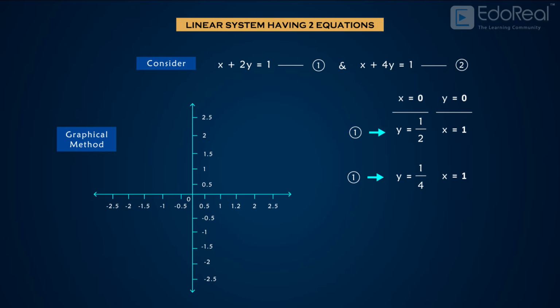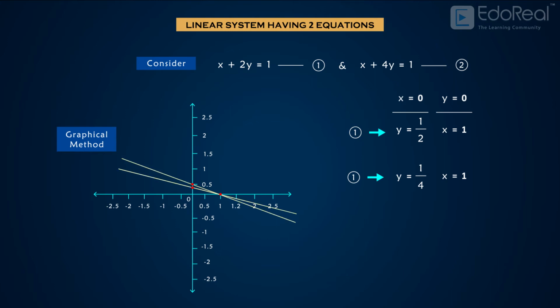Then we can see that the first line passes through the points (1, 0) and (0, 0.5), and the second line passes through the points (1, 0) and (0, 0.25). Mark the points on both axes, connect the corresponding points, and extend the lines.